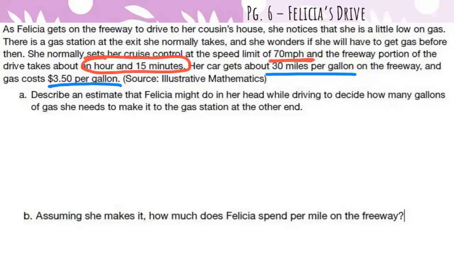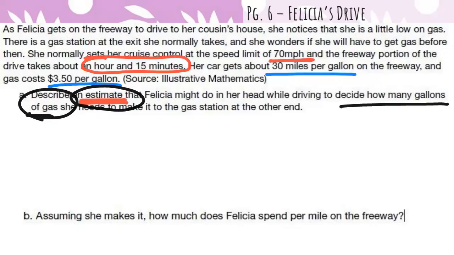Letter A says, describe an estimate that Felicia might do in her head while driving to decide how many gallons of gas she needs to make it to the gas station at the other end.